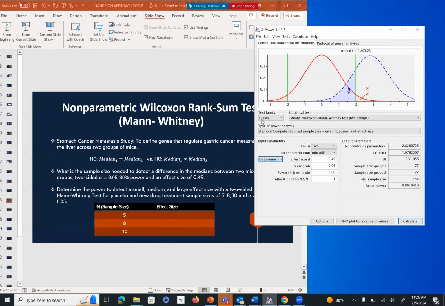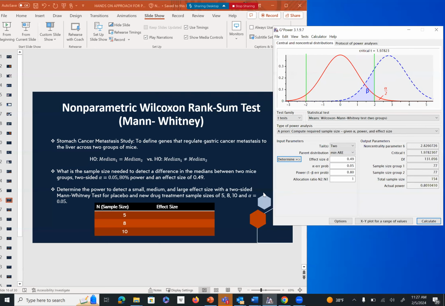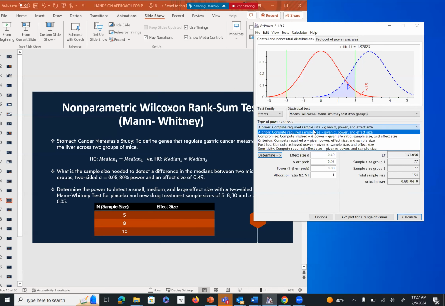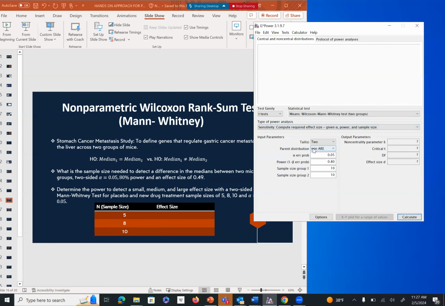The next question here was to determine the power to detect a small, medium, and large effect size with a two-sided Mann-Whitney test for placebo and new drug treatment, with sample sizes of 5, 8, 10, and at alpha 0.05. So we're running a two-sided test again, and here we don't have the effect size information. We are calculating the effect size, so we will perform a sensitivity analysis here.